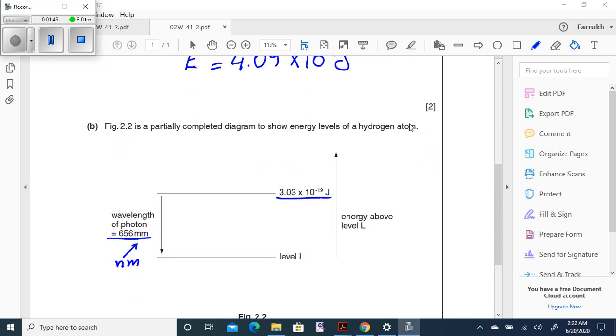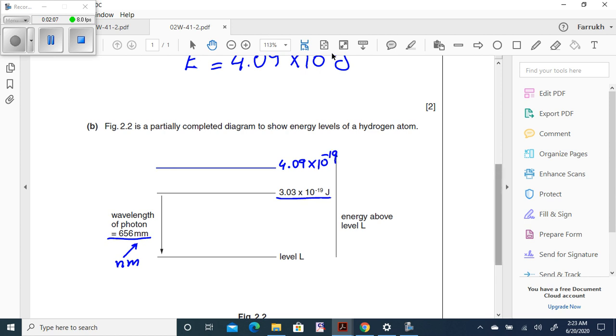So an energy level with a higher value, that is 4.09, we can draw it here. So that has an energy of 4.09 into 10 to the power negative 19.